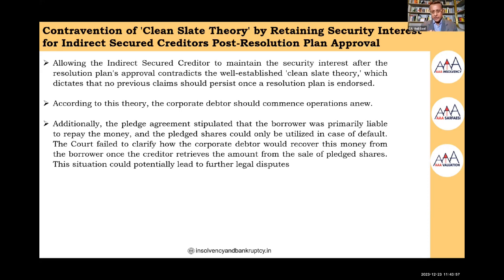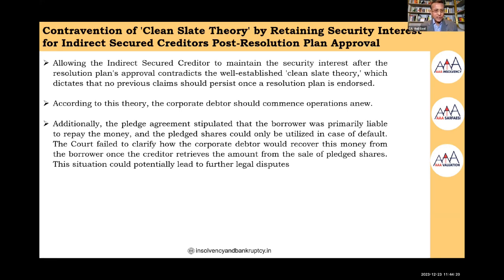Now in this case, when this amount is recovered from the shares, then the resolution applicant will have the right to recover that kind of money from the entity for which the shares were pledged.